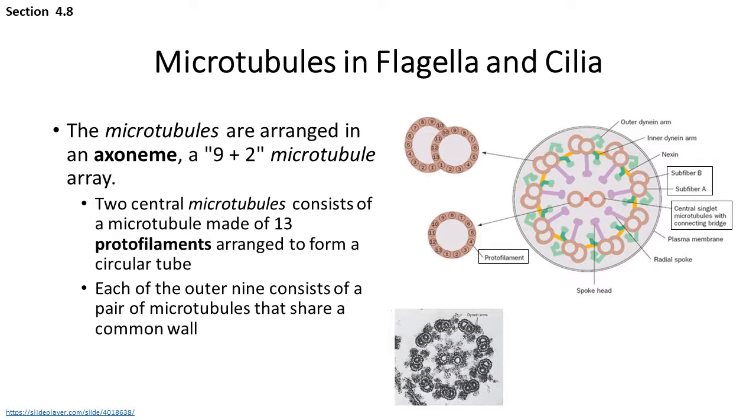Each of the 9 outer doublets of microtubules are two microfilaments combined together that share a common wall.